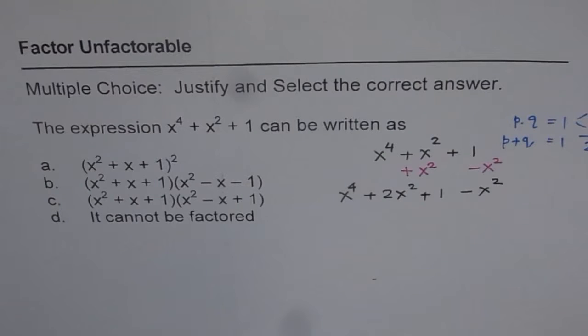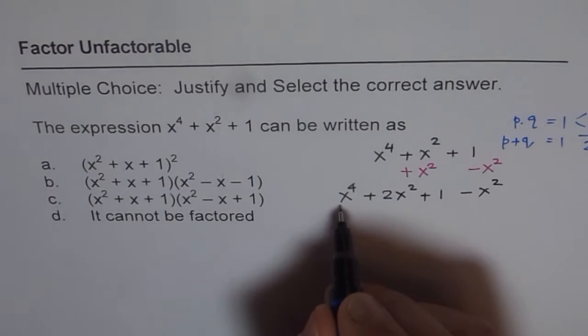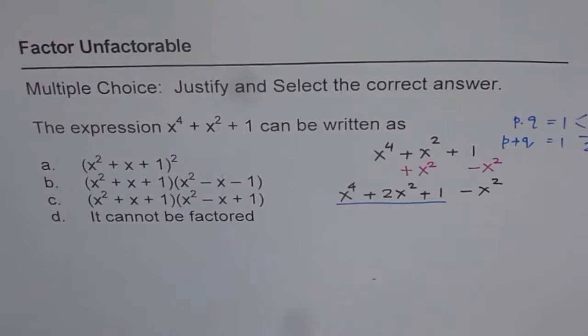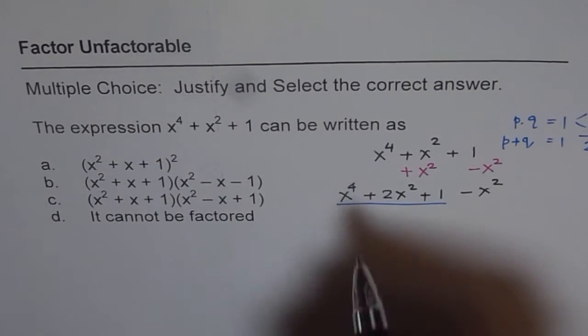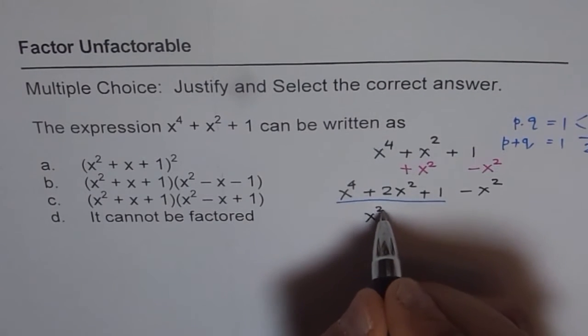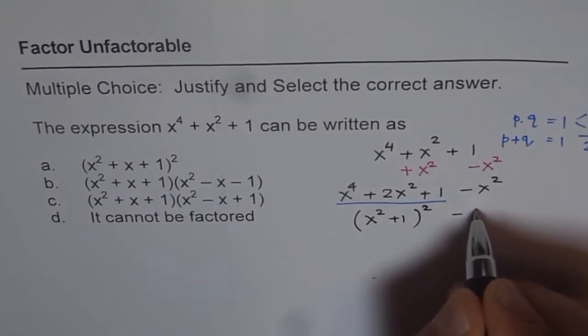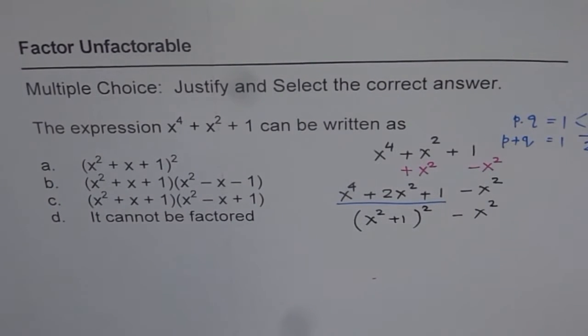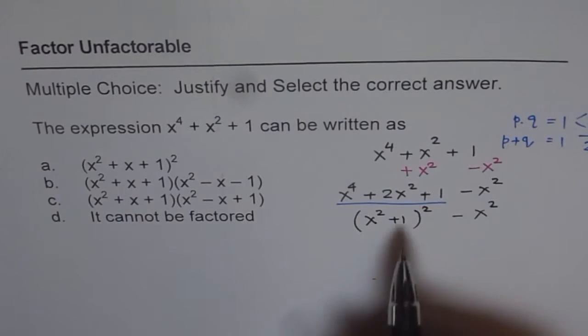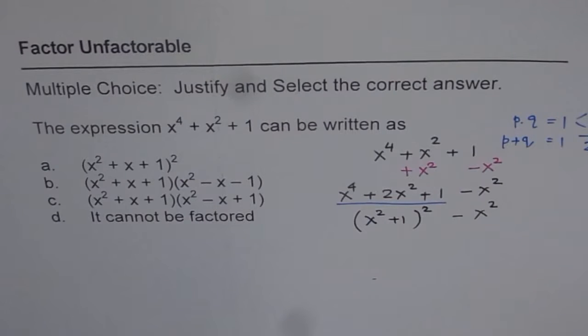Now from here, clearly, I can factor these terms, correct? That is a perfect square, which is x squared plus 1 whole square, minus x squared. Now I have a difference of squares, which can also be factored.